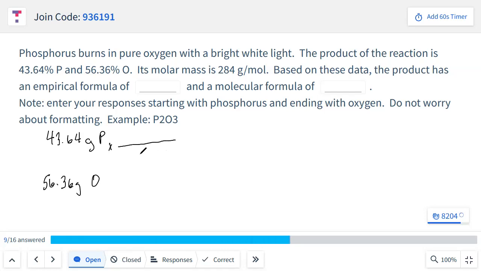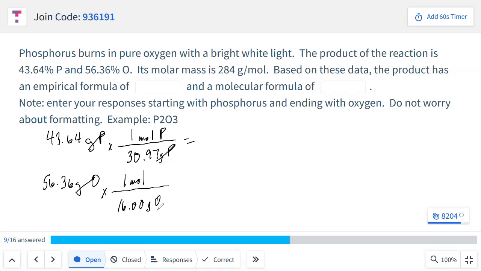You need to turn the grams of phosphorus into moles. 1 mole of phosphorus is 30.97 grams. Your grams of phosphorus cancel and leave you your moles. Oxygen we've worked with several times, and if you don't have this particular molar mass memorized by the end of the semester, I'm not sure what to tell you.